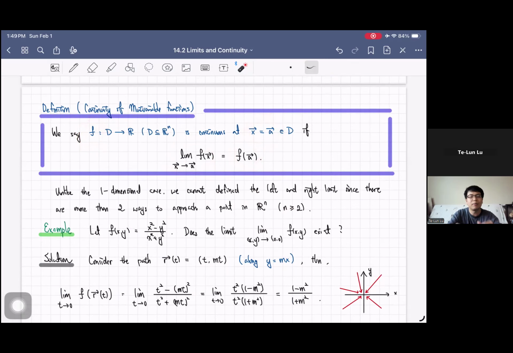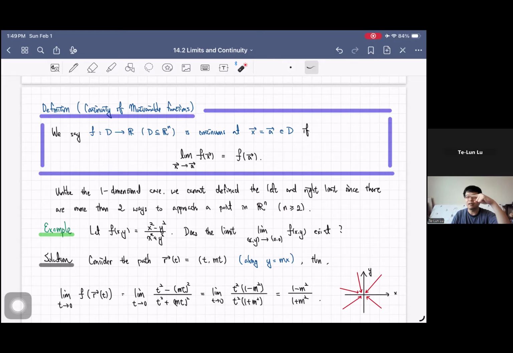If you remember correctly, in the first video after those treatments, the first thing I did was to introduce the right and the left limit. We can evaluate those directly, and then we can argue whether the limit exists or not by observing whether the left and the right limits exist, or even if they are the same. The difficulty in the multivariable version is that the directions are more than two.